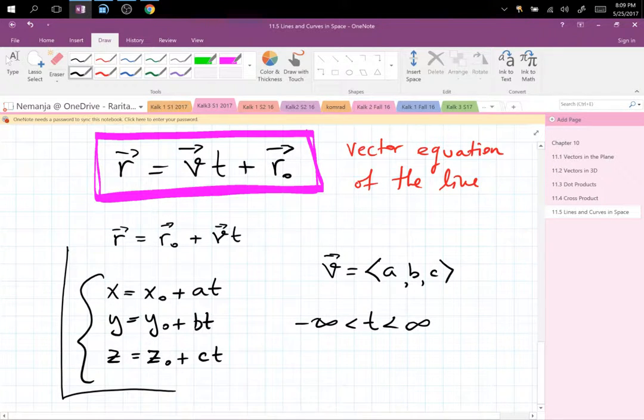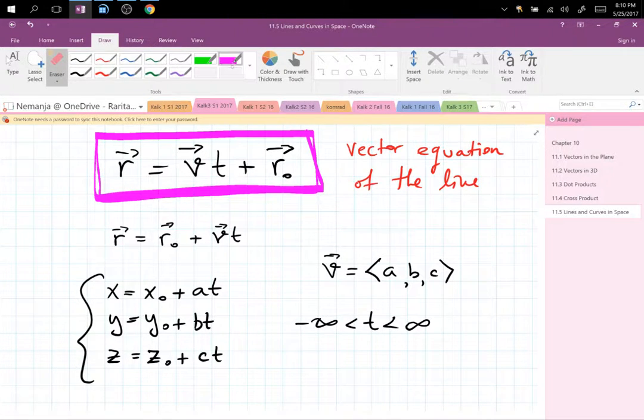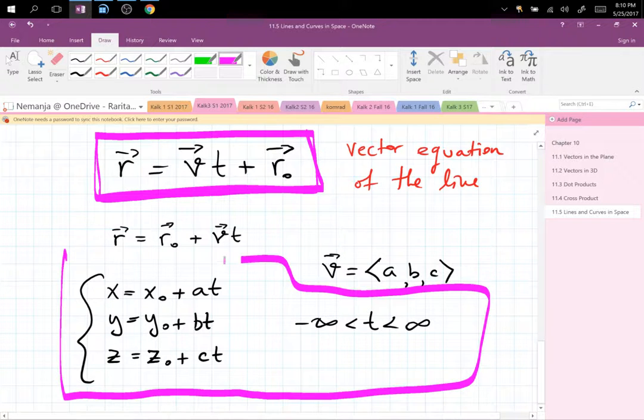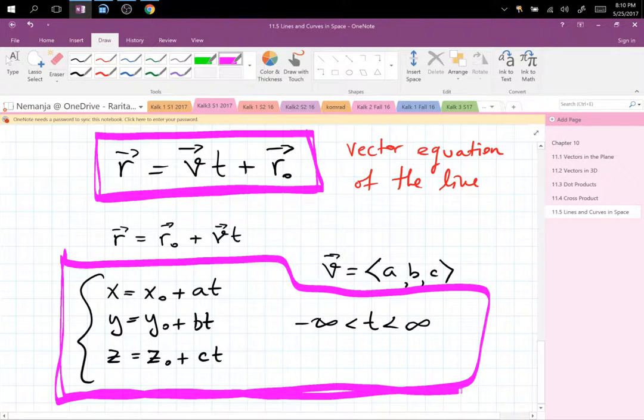So this one is the parametrization. This is the one that you will use most of the time to solve problems. Parametric equation of the line.